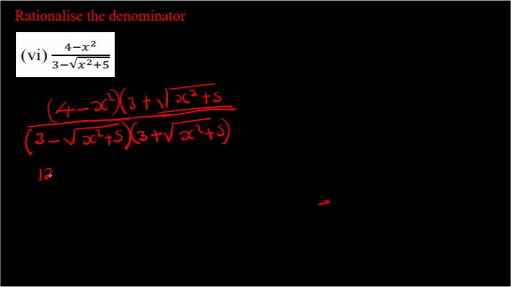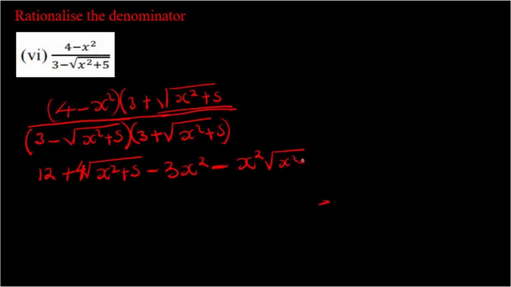What's the answer? It is 12. Then 4 times that, it will be positive 4 root of x squared plus 5. Then we start with the negative. Negative x squared times that is negative 3x squared. Then this time, you shall find that it's negative x squared root of x squared plus 5, over.